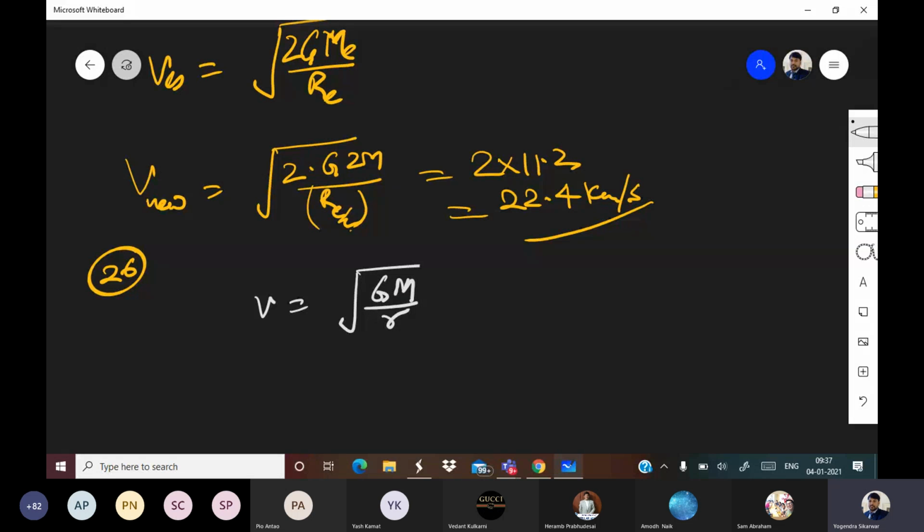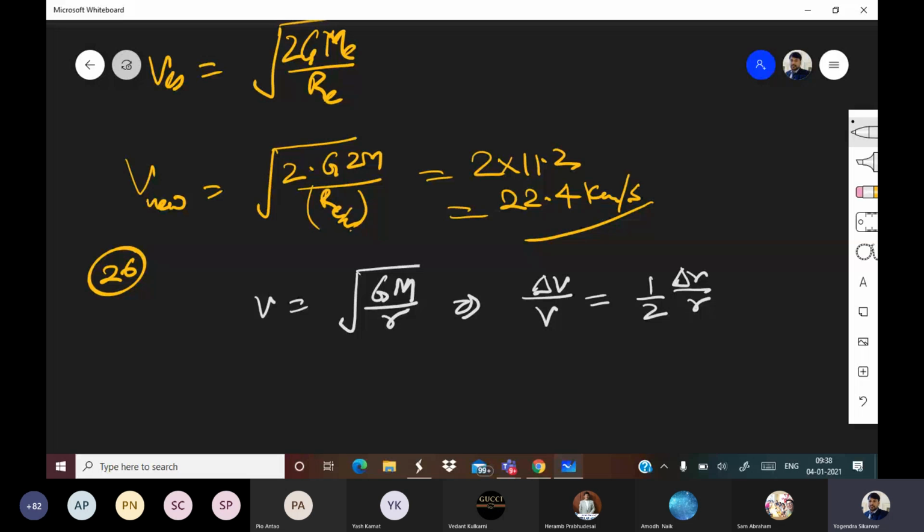If the orbit radius is decreased by 1%, then through this formula, delta v by v is equal to 1 upon 2 delta r by r, because of the root.